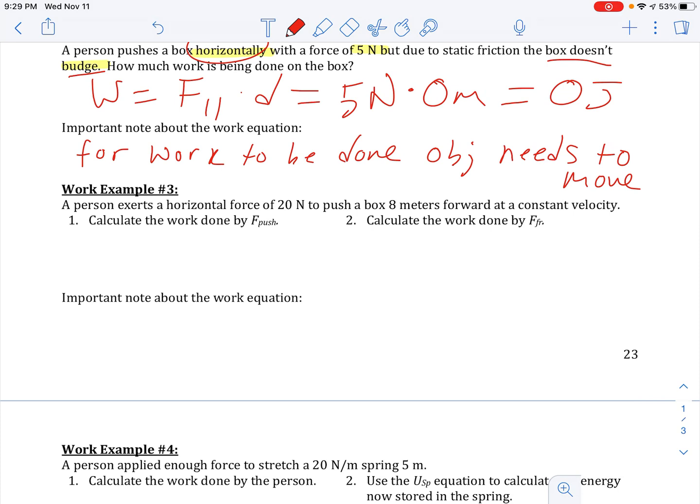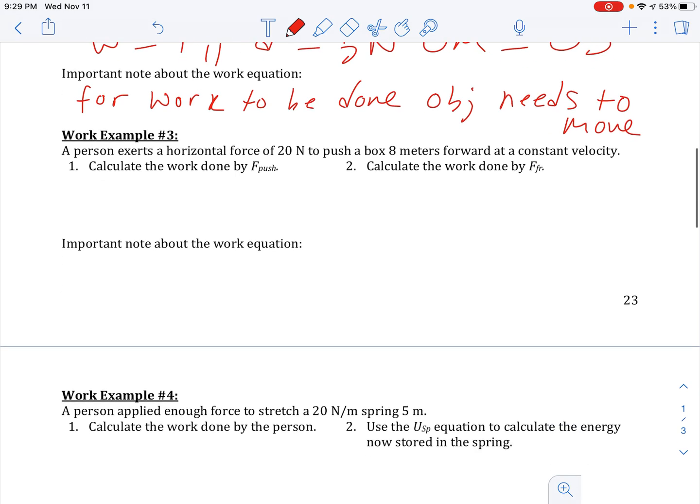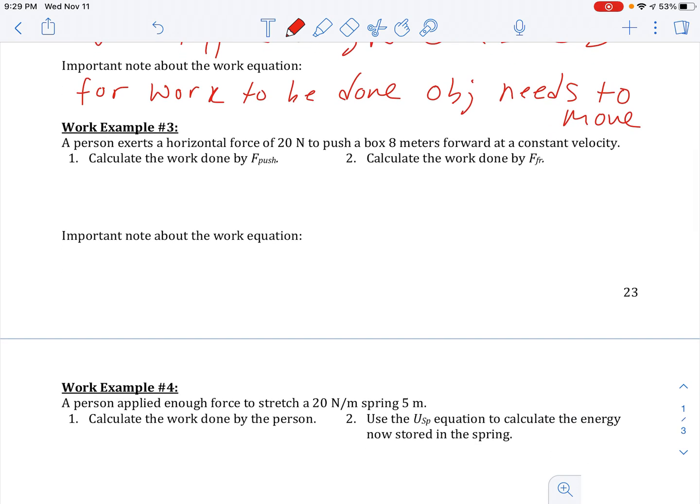A person exerts a horizontal force of 20 newtons to push a box 8 meters forward at a constant velocity. Okay. Calculate the work done by force push. Calculate the work done by force friction. Okay, so since it's a constant velocity, we know that our free body diagram for the box is going to look like this.